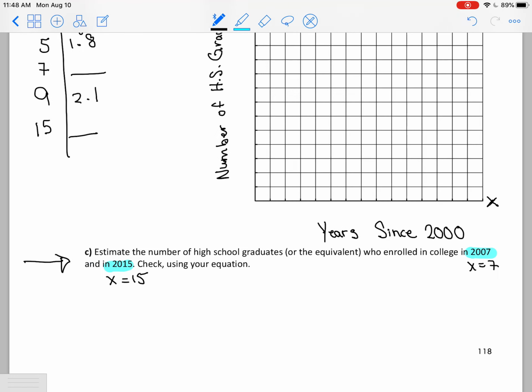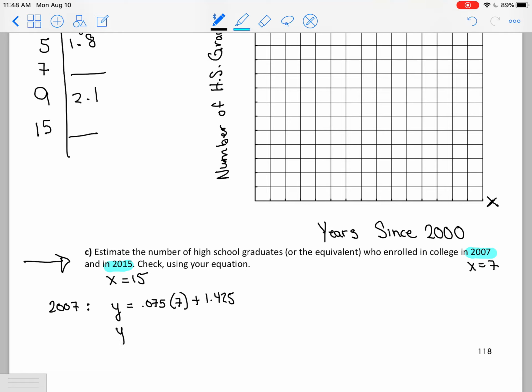That's okay. All right, so in 2007, we'll use our equation, 0.075 times 7, plus 1.425.